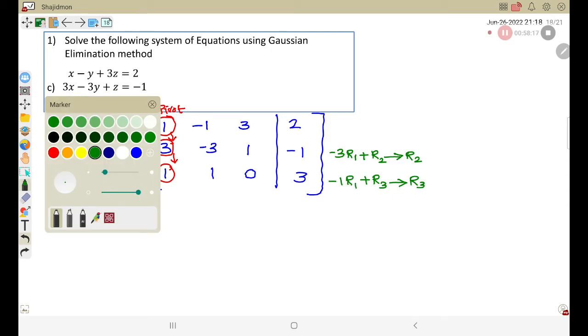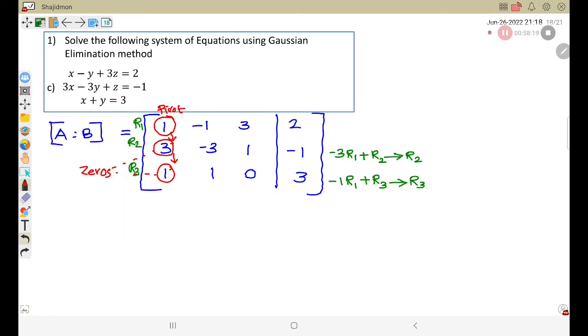Okay, so you can do the calculation separately. First minus 3x plus y, correct? So x means R1, the first row, 1, minus 1, 3, 2.